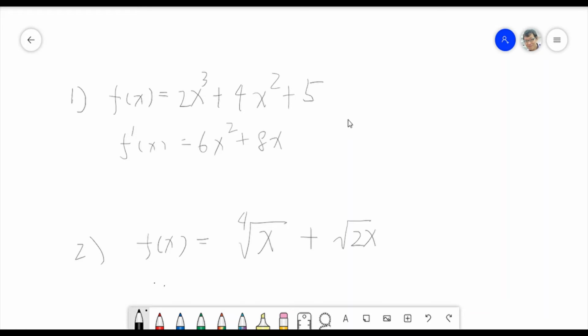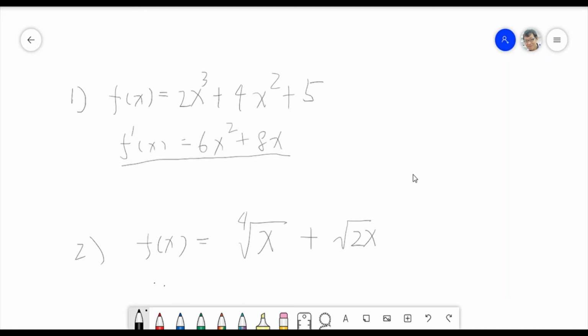And then 5: the derivative of any constant is 0, right? So this is exactly what we need to get. Maybe you are not aware that this is a separate rule. When you have a polynomial linked together by plus or minus, you can separate the derivatives of them. I think we discussed that before.